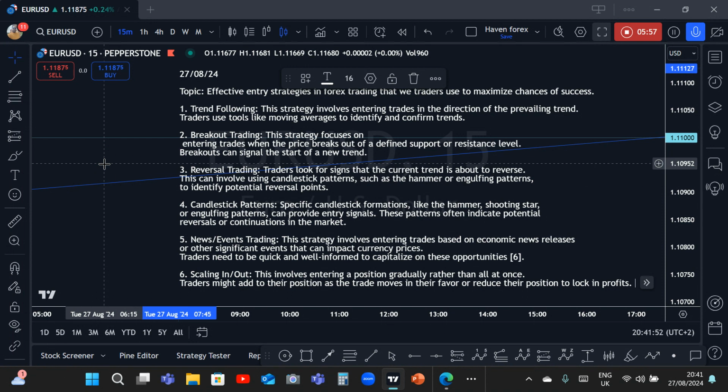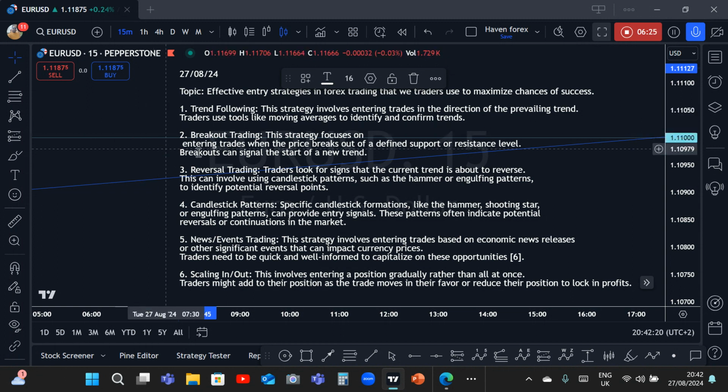Traders use tools like moving averages to identify and confirm trends. These are all technical tools. When you use the moving average, anytime there is a crossing, then you just know that okay, the trend is about to change. As simple as that, guys.